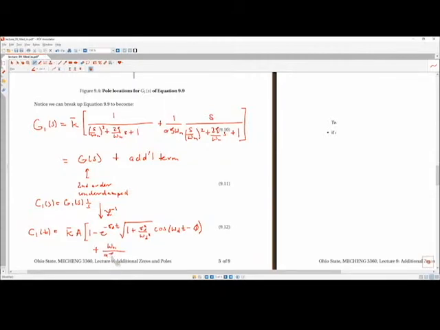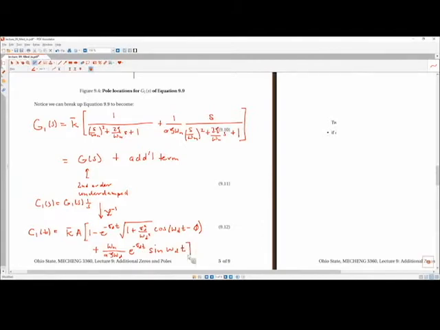And note that this gain is a function of alpha. And then we have our decay, and then a sine wave.